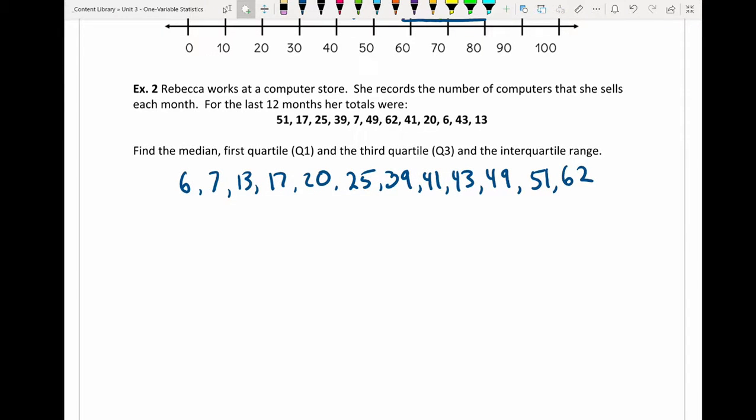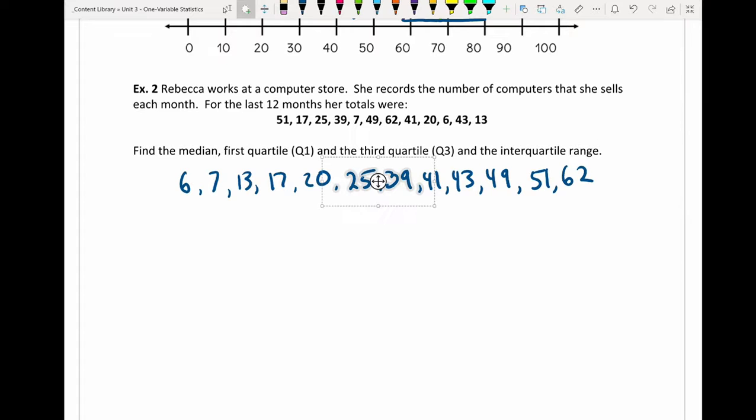The first thing we're going to do now is find our median. If we count, we have 12 numbers, so we're going to have to find the average of our two middle numbers because it's an even number. So if I go to the middle, 1, 2, 3, 4, 5, 6, it's going to be 25 and 39.